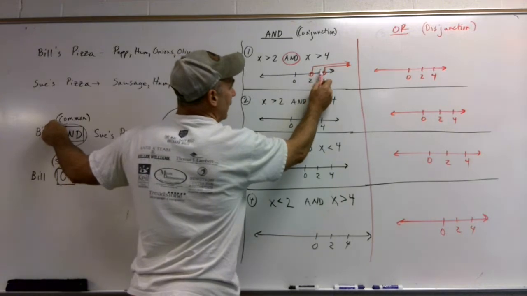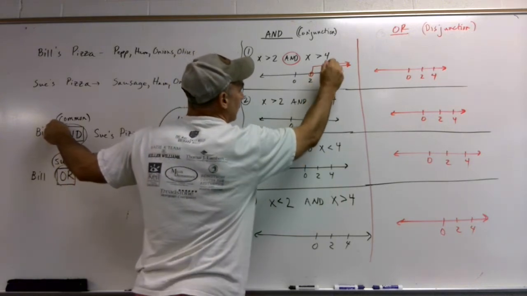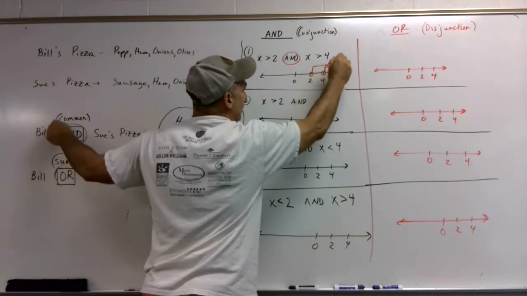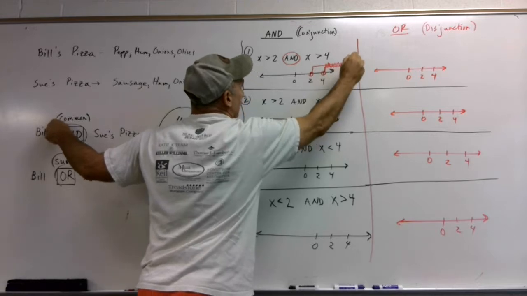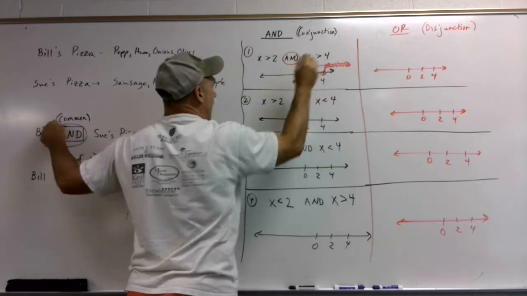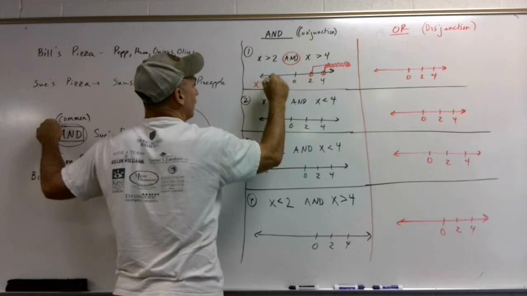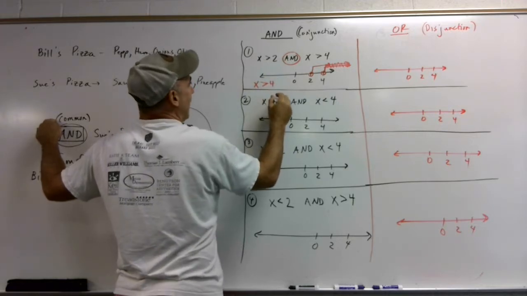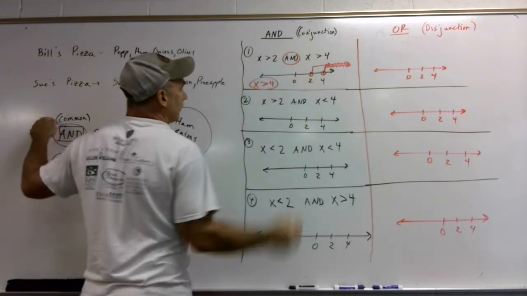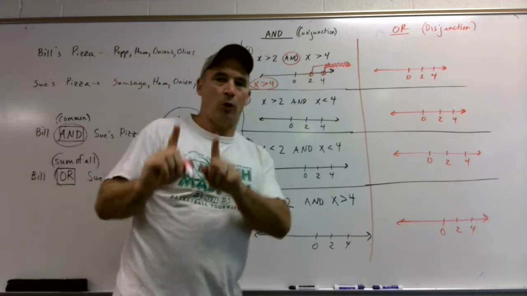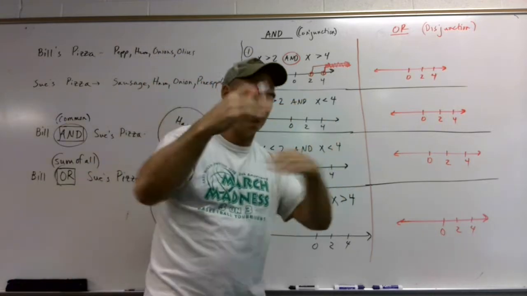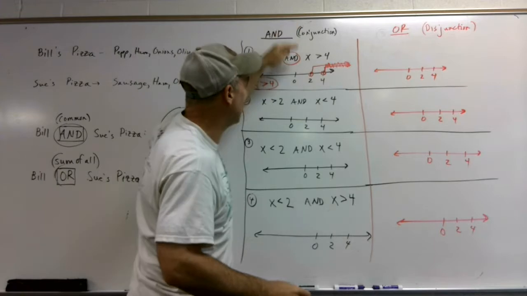So this area right in here is not in common, but where these lines overlap is what they have in common. So my answer for this problem would be x is greater than 4, because that is what's in common with both. Look for the overlapping part of it. Keep that in mind as we go in the world of and.